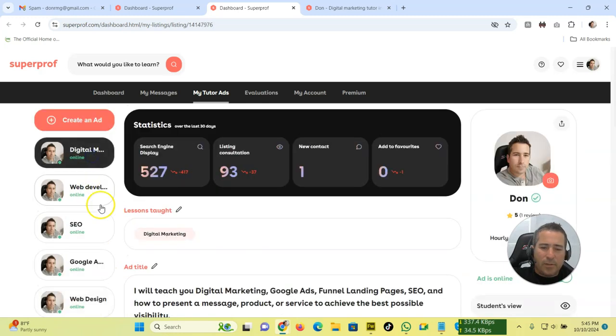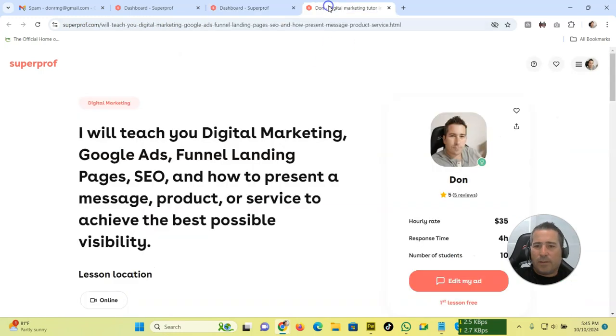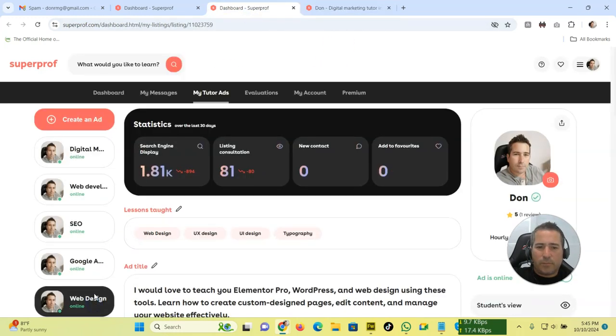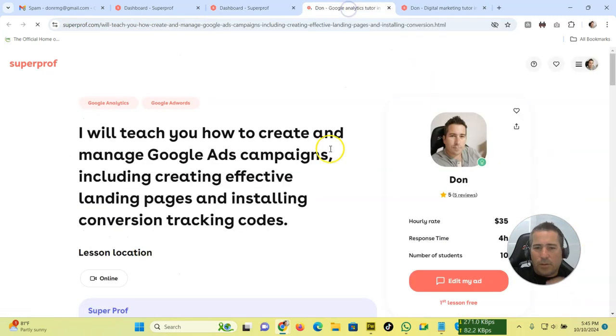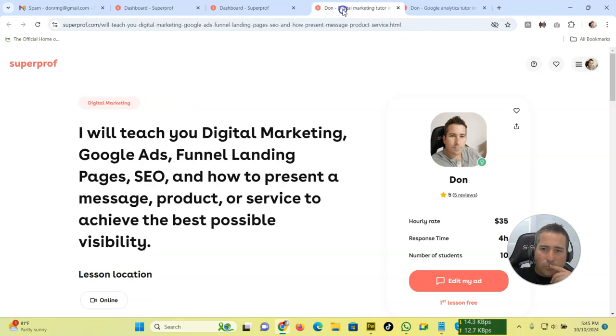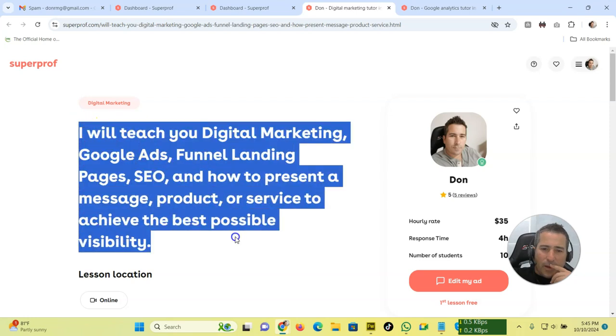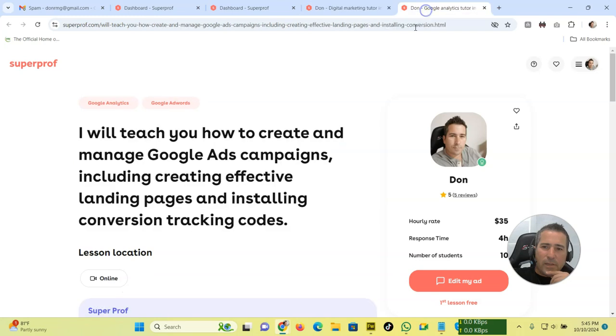Digital marketing and Google Ads is a very similar lesson. Google Ads is right here. It's a very similar lesson, only this one is a little bit broader, has more content included.